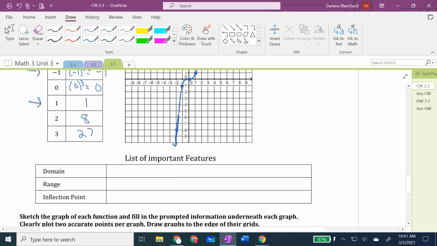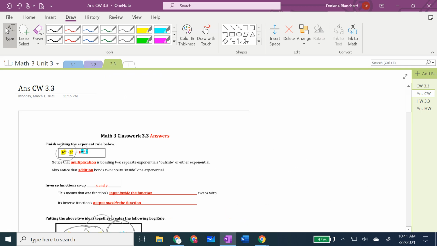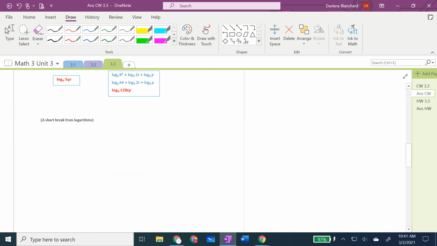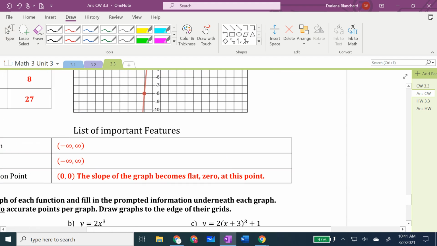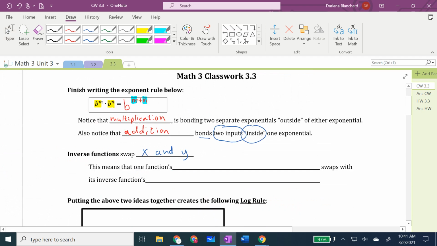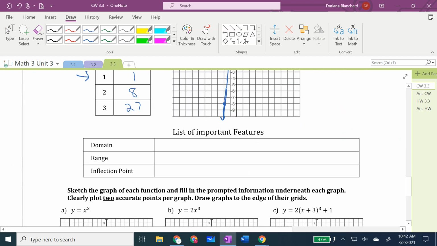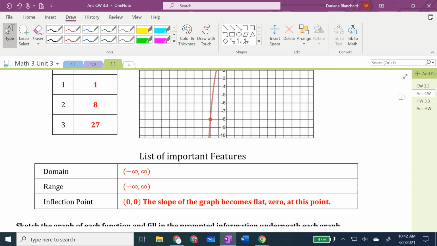So important features, and I'm going to come over here because I need to make sure that I'm on time with starting your quiz. Okay, there we go.